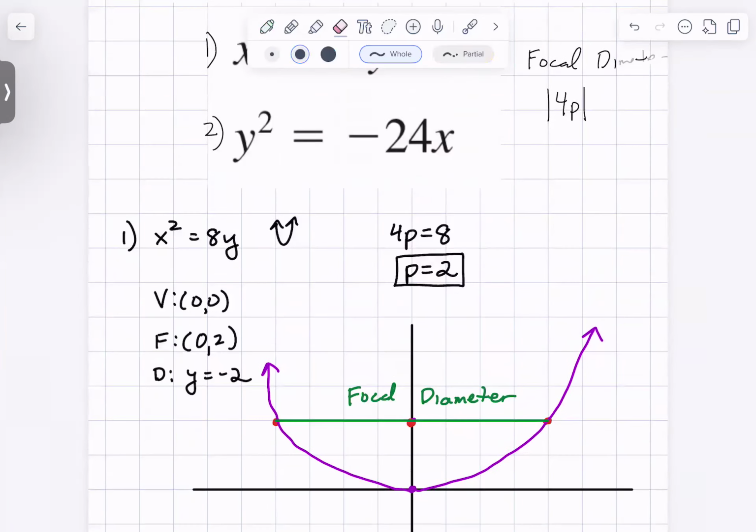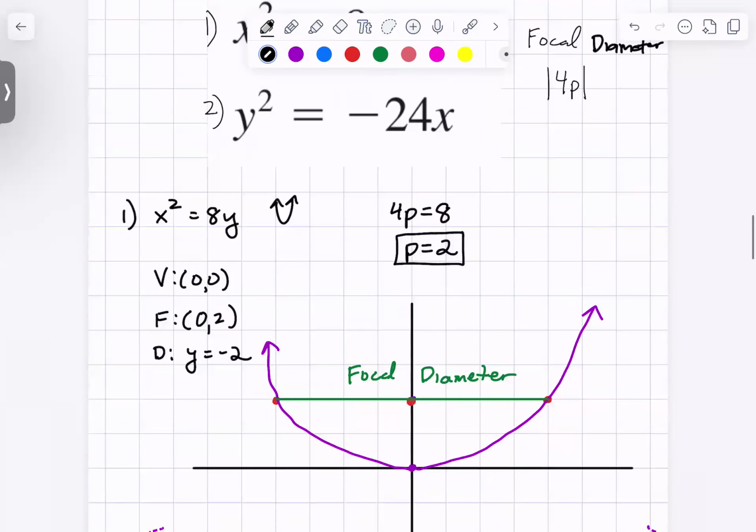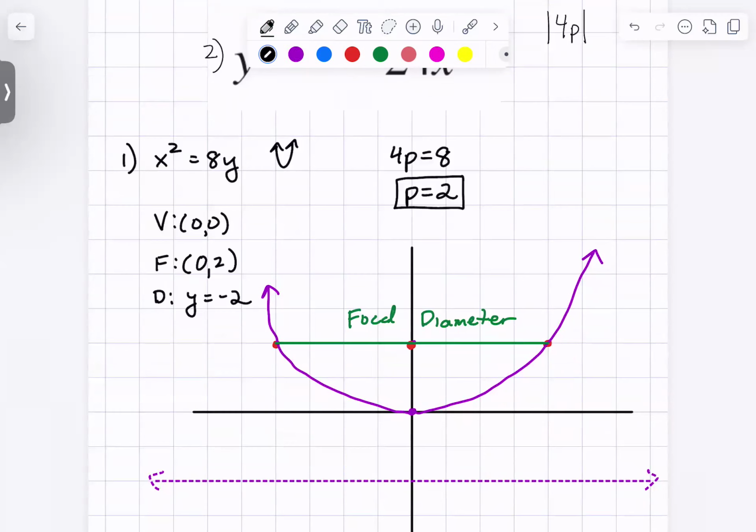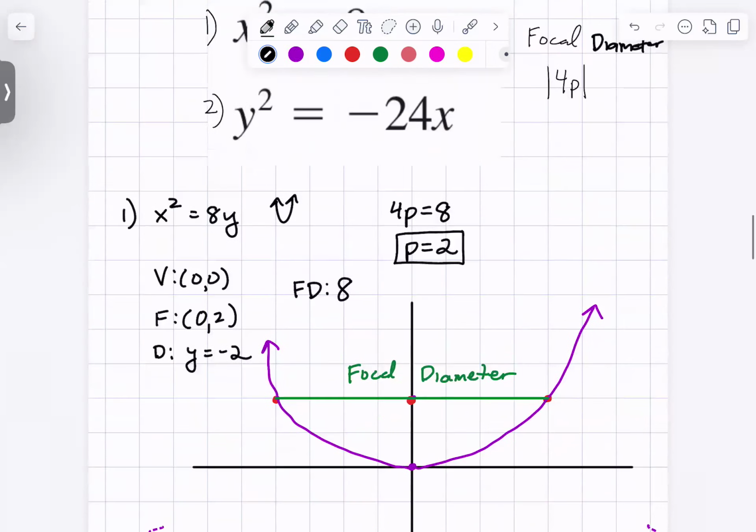I spelled diameter wrong here too. Okay? All right? So that's how you're going to draw it. So your focal diameter, FD, is going to equal 8. All right? Questions on this?